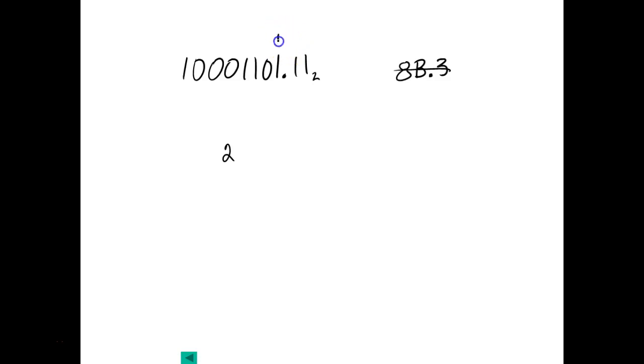This number right here is the only odd number that we have in the whole binary system. So if that bit is a 1, then my decimal equivalent had better be odd. If that number is a 0, then my decimal number had better be even.